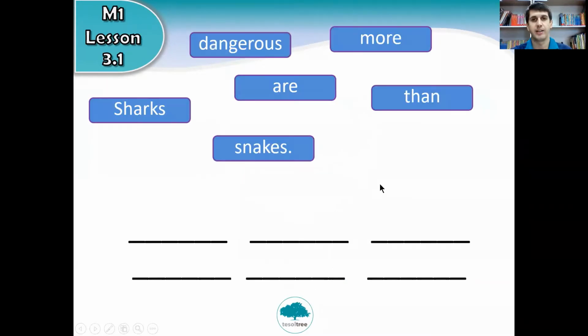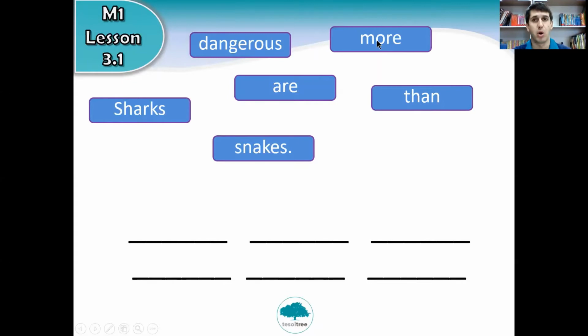Now we have 6 words here and 6 blank spaces. What is the correct order? What is the first word if we want to make a comparative sentence from these 6 words? First of all, can you see what is the comparative? In this one, it's actually 2 words.